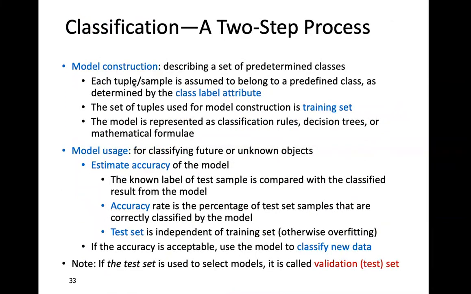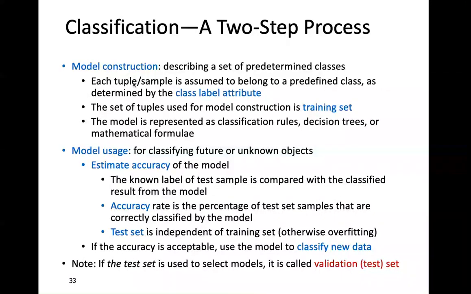So in classification, first we have to construct a model. As we have the class label information, it is required that we put together that information, and we see if it is possible to put a label attribute for that one class.